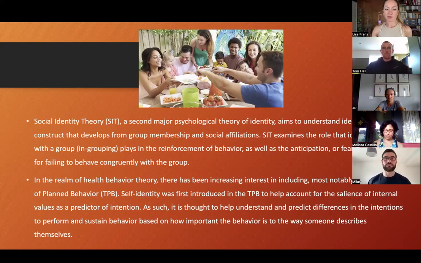In the realm of health behavior theory, there has been increasing interest in including self-identity, most notably in the theory of planned behavior. Self-identity was first introduced in the theory of planned behavior to help account for the salience of internal values as a predictor of intention. As such, it is thought to help understand and predict differences in the intentions to perform and sustain behavior based on how important the behavior is to the way someone describes themselves.